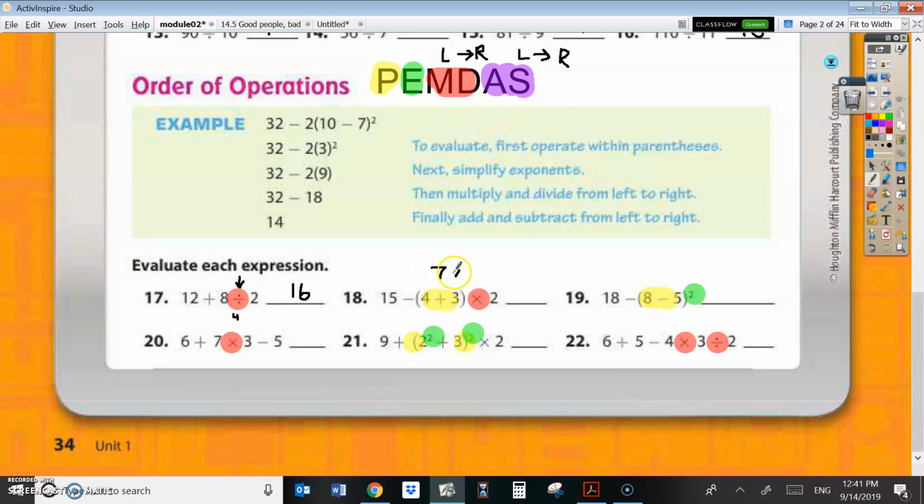And bring up the times 2. And then bring up this 15. And you have to do multiplication and division first. So remember, that happens first. So now you do 15 minus 14 equals 1.